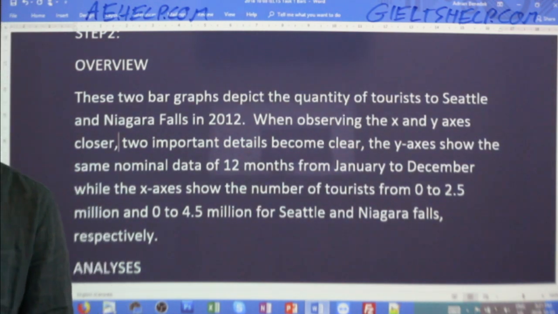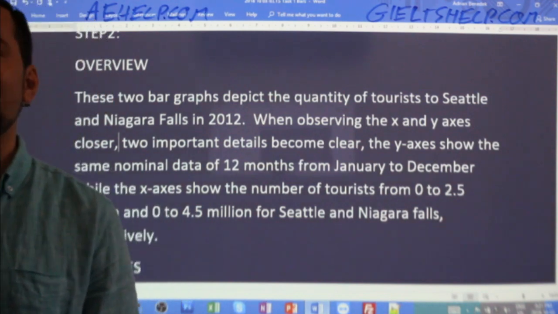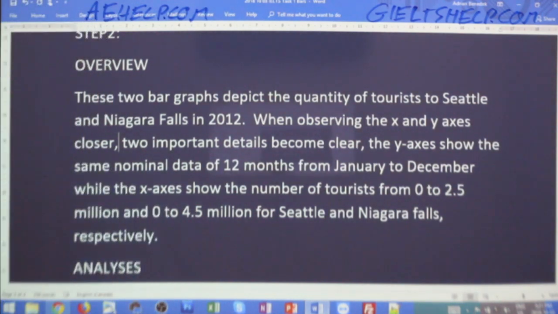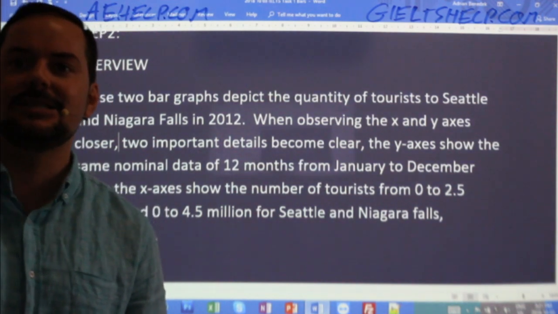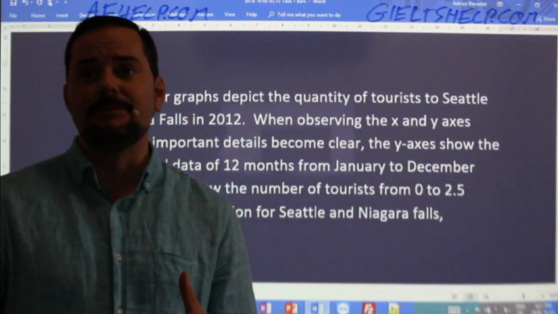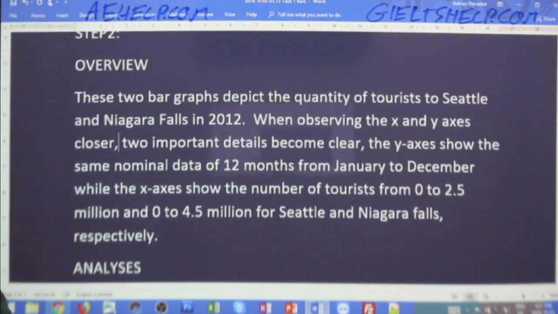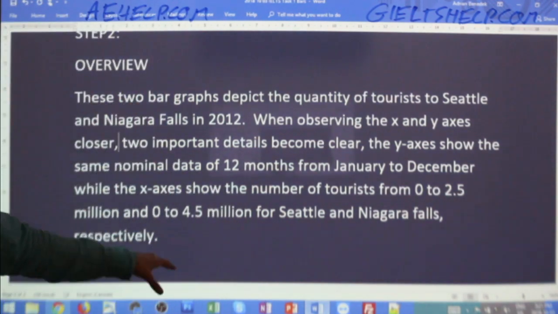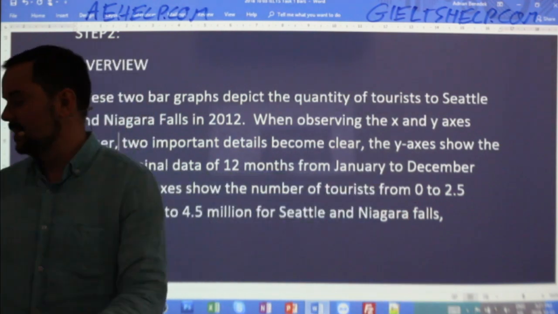We're not there yet. Naveen says, at first glance, the y-axis illustrates the number of travelers visiting 2 places at an interval of 500,000, and the x-axis depict the months of the year. Naveen, that's good too. I mean, if you're writing at that level, you're going to be getting a band 8 for sure, as long as you keep that up. All right? So you're doing well. Okay? If you want to get into a bit more detail, you can.